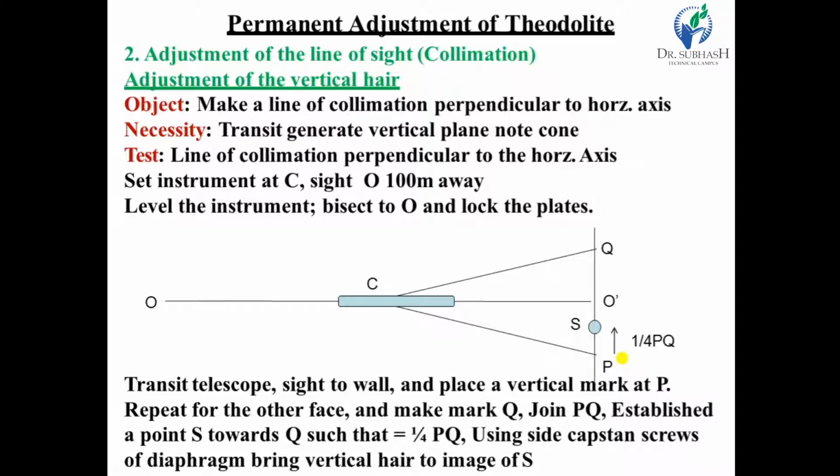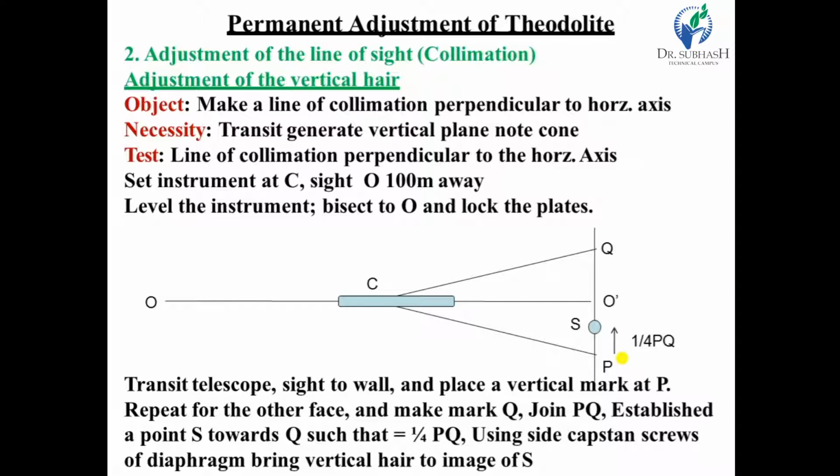When we move the telescope in transit position and it generates a cone, the line of collimation is not truly perpendicular to the horizontal axis. So we have to test this adjustment and, if it is not proper, correct it.